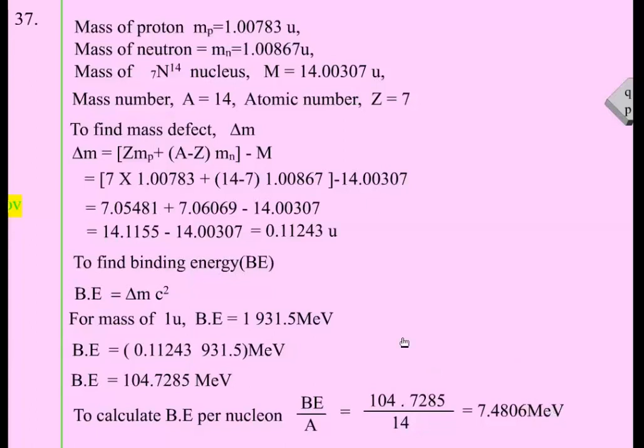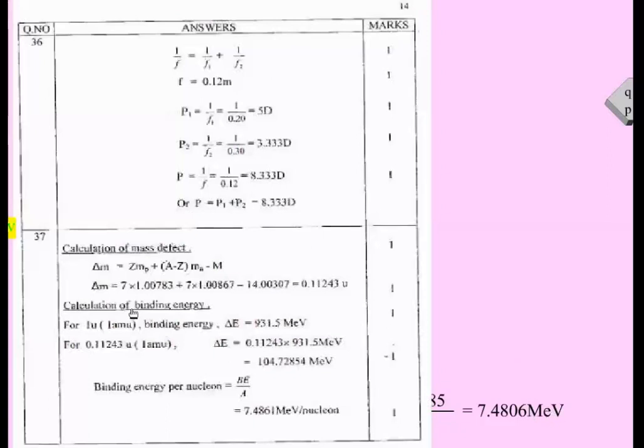So this is problem 37. Let us see the scheme of valuation. For the formula for delta M, 1 mark. Calculation of delta M, 1 mark. For the binding energy formula and saying 931.5 mega electron volt is equal to 1 AMU, 1 mark.